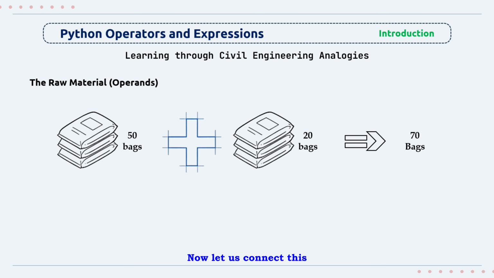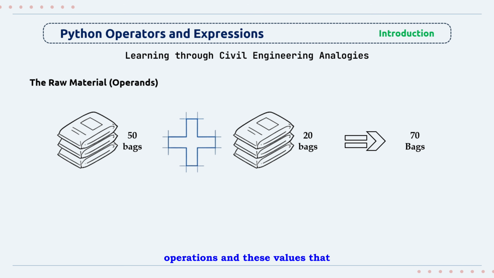Now let us connect this construction example with Python programming concepts. In this example, the quantities of cement, that is 50 and 20, are numerical values. In Python programming, these values act as data on which operators perform some operations.